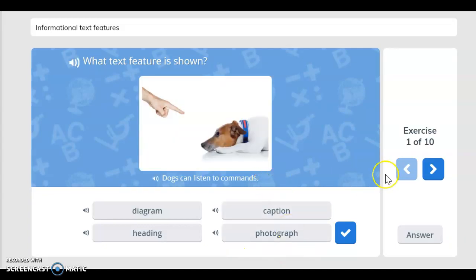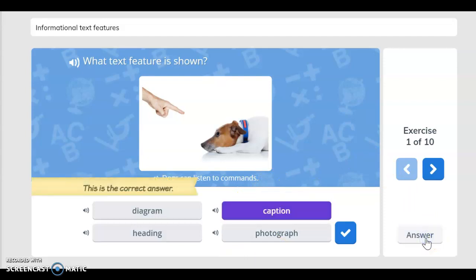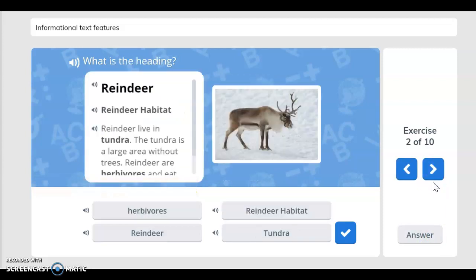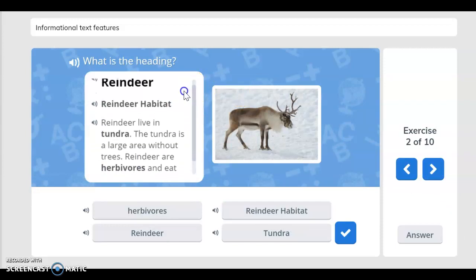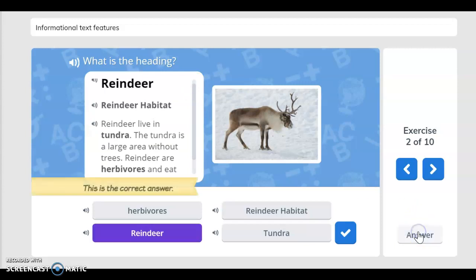What text feature is shown? Dogs can listen to commands. You said caption, you are correct. What is the heading? If you said reindeer is the heading, you are correct.